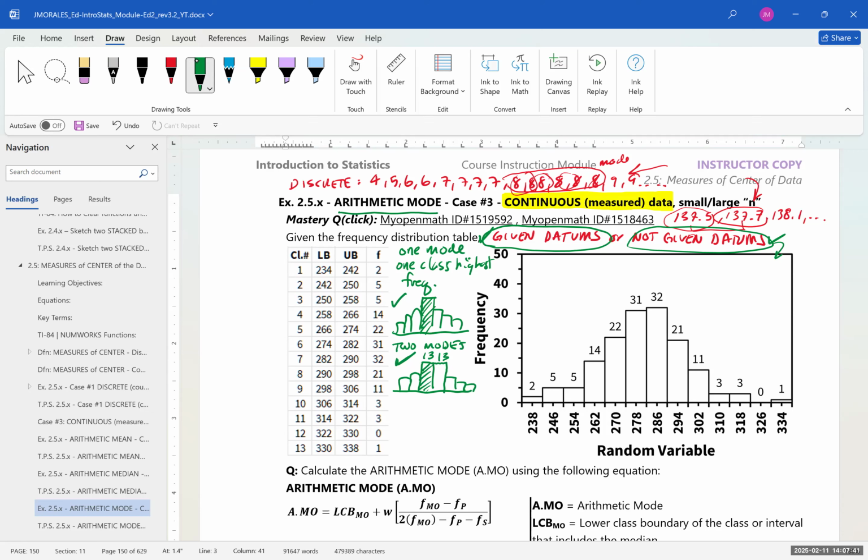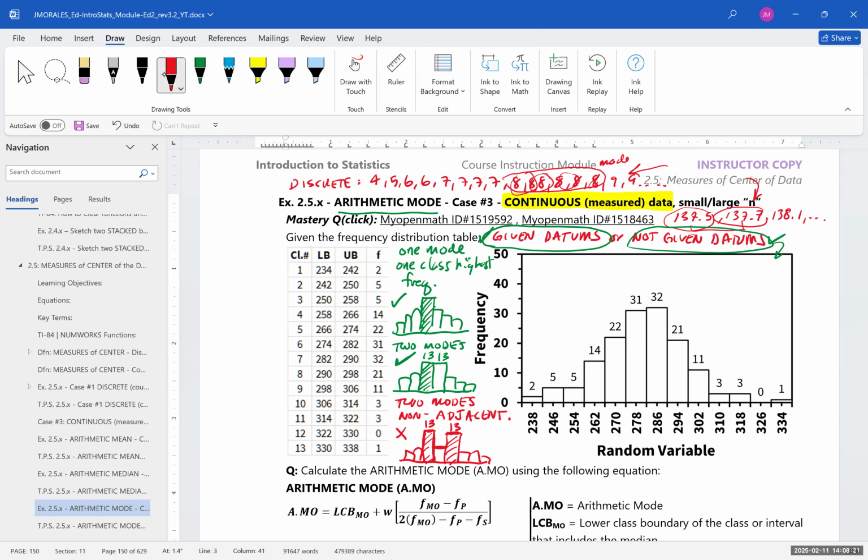All right. Now, the third case that you might see, again, you've got two modes, but they are non-adjacent. What do I mean by that? You'll have two modes that are not side by side. They could have one class separating them, something like that. So even though these two classes have the same frequency, you cannot use this formula of the arithmetic mode because they are not adjacent to each other.